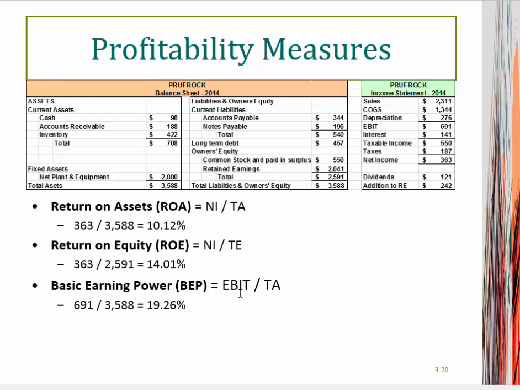Basic earning power stops before interest, so it's EBIT, operating profit, divided by total assets. So this tells me about the profits generated from operations based on the assets we've purchased. And again, this number is a powerful number to look at performance and to give some guidance on how well management is using the assets that it has to help generate some profits.